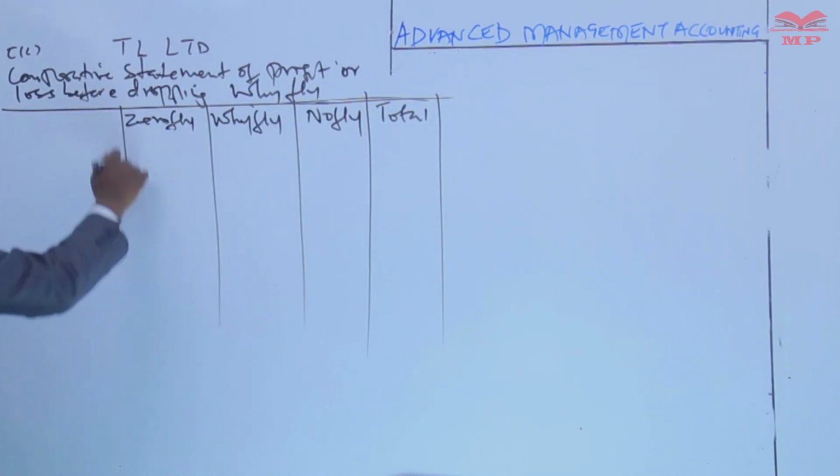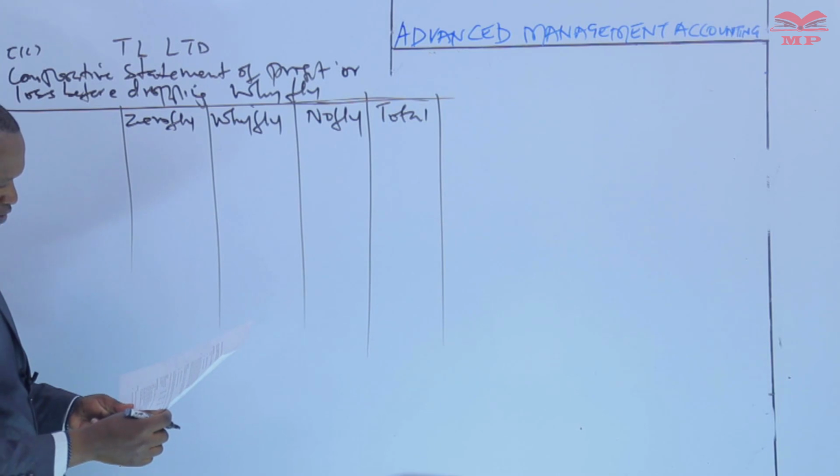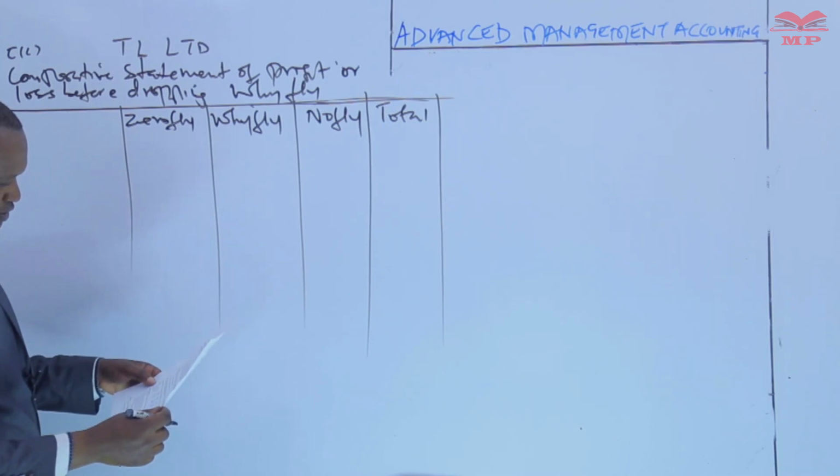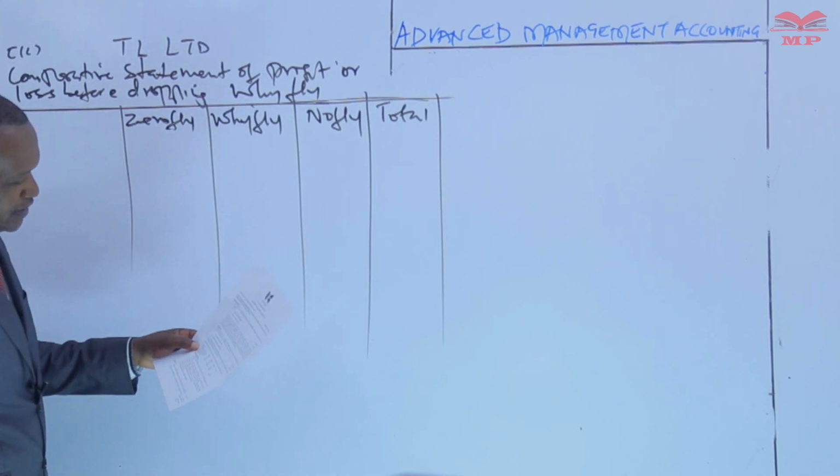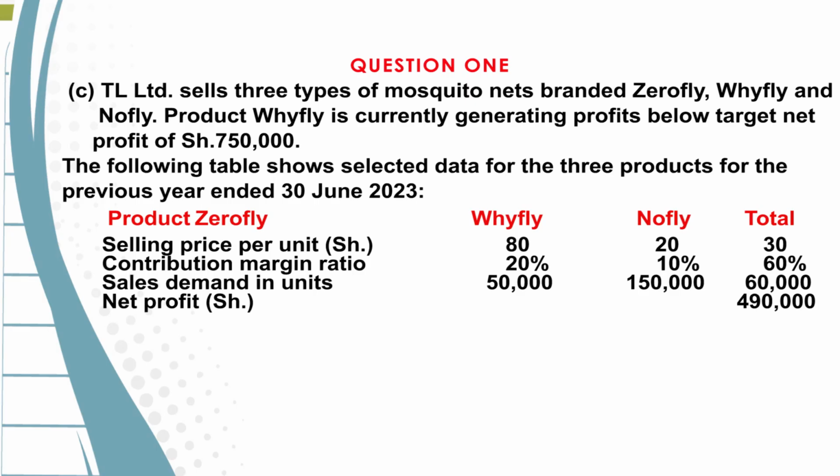All right, so the first item there is selling price per unit. Selling price per unit for Zero Fly is 80. Then we have sales demand in units: 50,000, 150,000, 60,000.